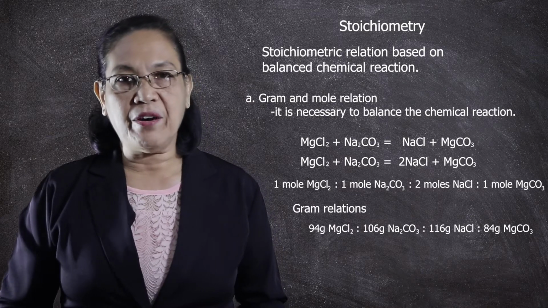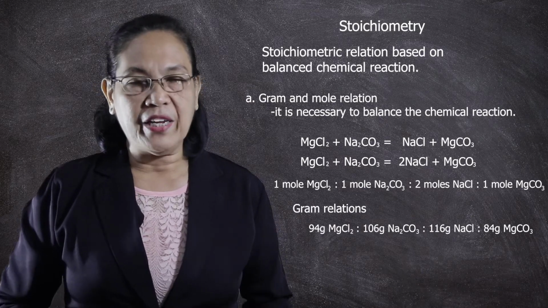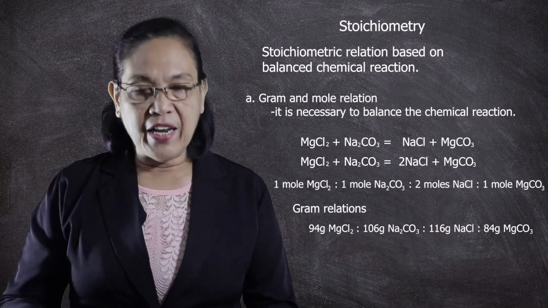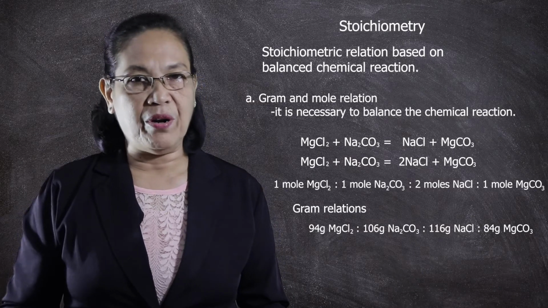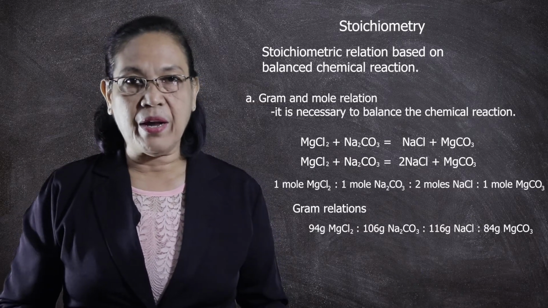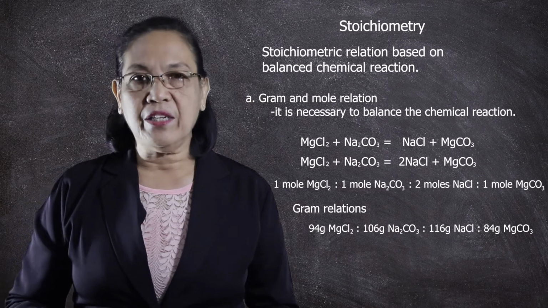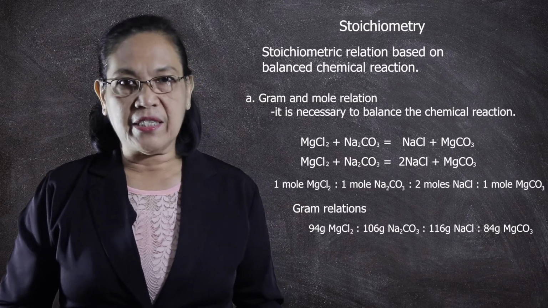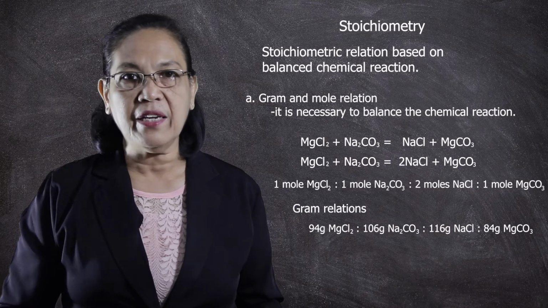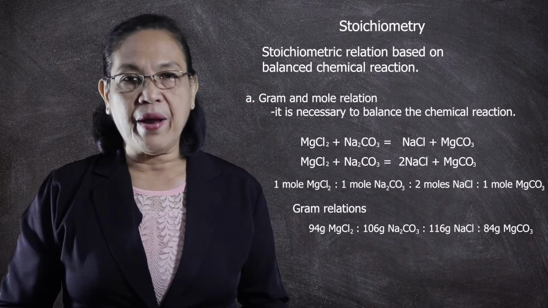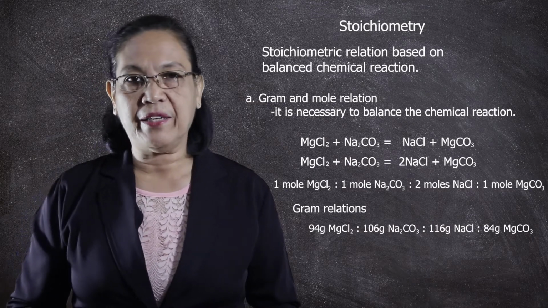So that is the gram relation. The gram relations, therefore, are 94 grams of magnesium chloride is to 106 grams of sodium carbonate is to 116 grams of sodium chloride is to 84 grams of magnesium carbonate.